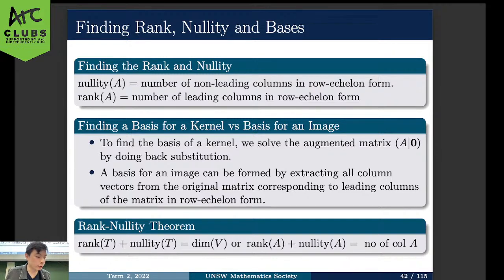To find the kernel, you just solve this augmented matrix through back substitution, and for the basis of an image, you put it into row echelon form, and the corresponding vectors of the original matrix which are leading give the basis of the image. We'll see how we do this later, so don't worry if you don't get it at first.